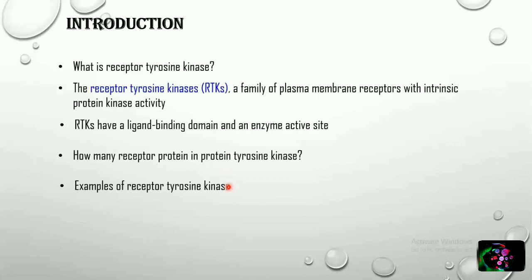These all are examples of receptor tyrosine kinase. All these receptors have a tyrosine kinase domain on the cytoplasmic side of the plasma membrane. This is the introduction of receptor tyrosine kinase.